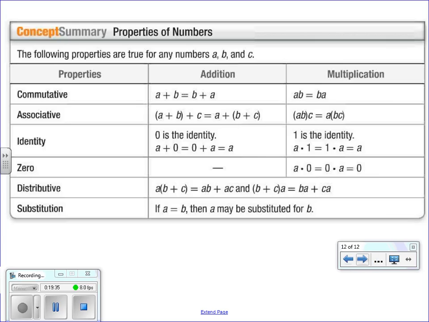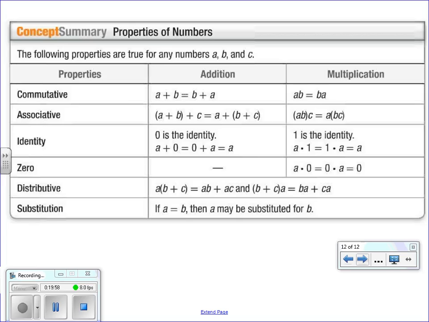This last slide right here is just a summary of the properties that we've used today. Commutative property, where you're moving them from one place to the other. A plus B, we moved it to B over here and A over there. Associative property, where we changed the grouping. We changed where the parentheses are.